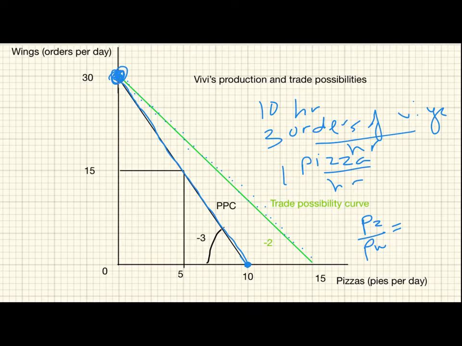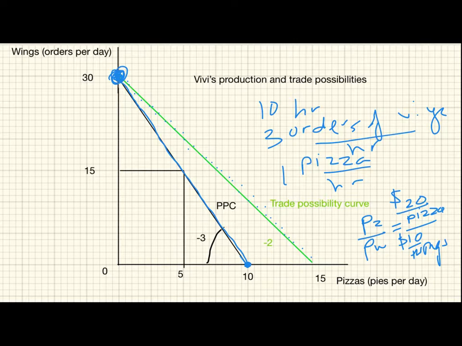The price of a pizza was $20 per pizza. And the price of wings was $10 per order of wings.